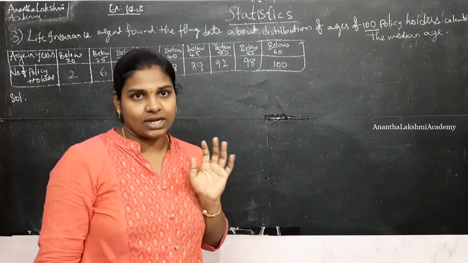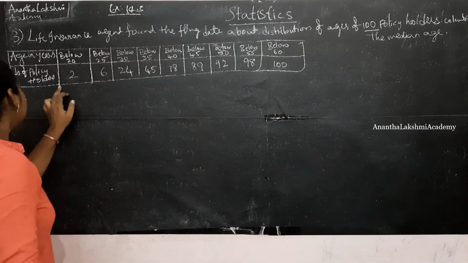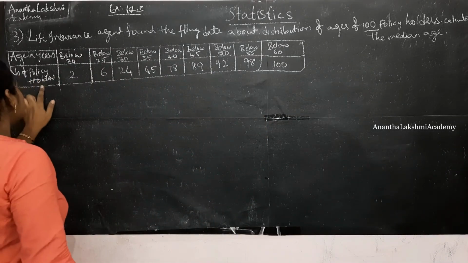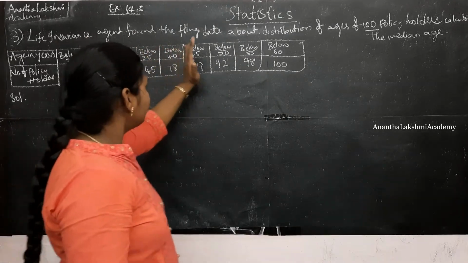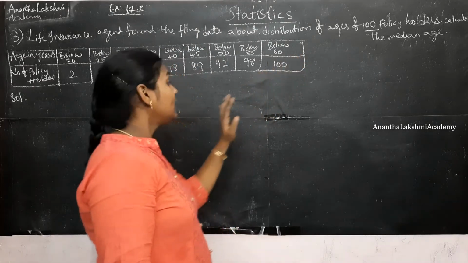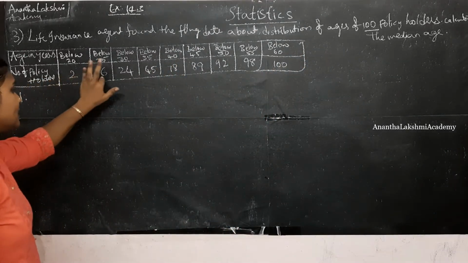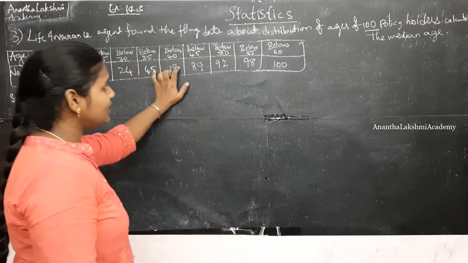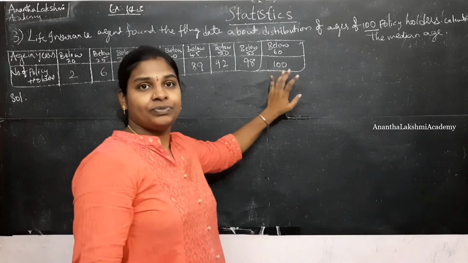Okay, we are to figure out the median age. Now here if you look at the data, the number of policy holders is given from below 20, 25, 30, 35, 40, 45 to 60. The policy holders data is: 2, 6, 24, 45, 78, 89, 92, 98 and 100.